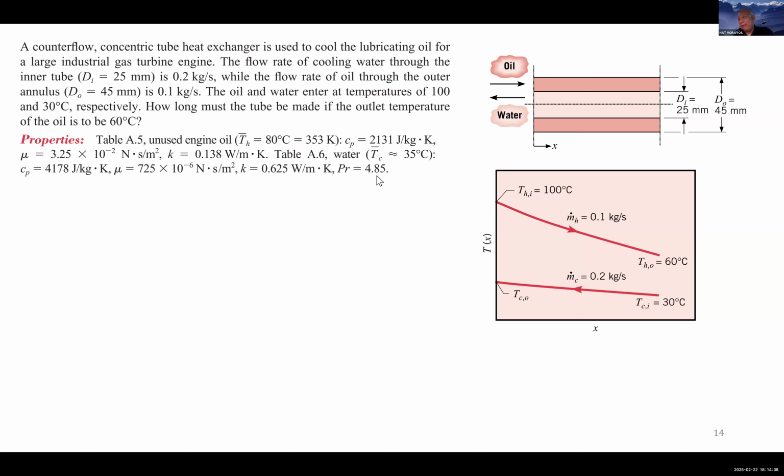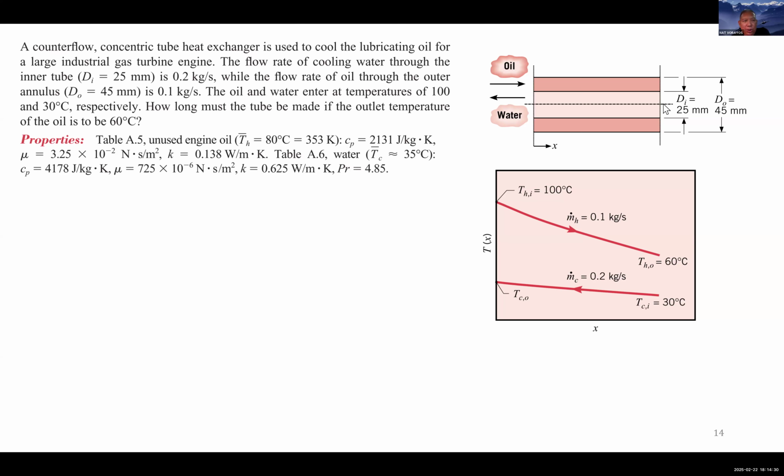So we do something like trial and error, specifying the temperature of the water at the exit to be some value, which you know should be higher than the inlet, because it's the cooling water.